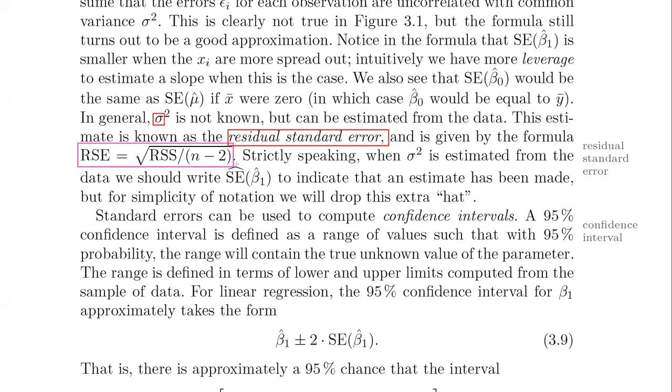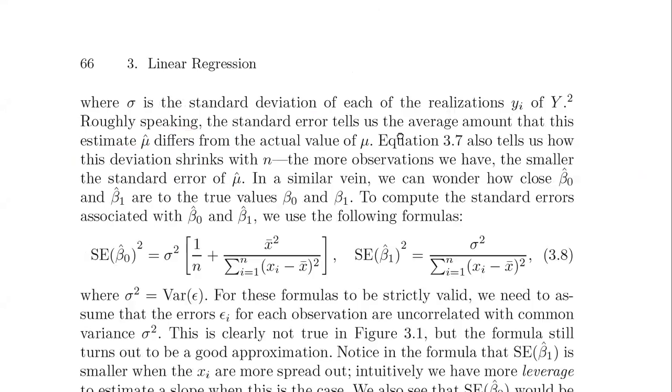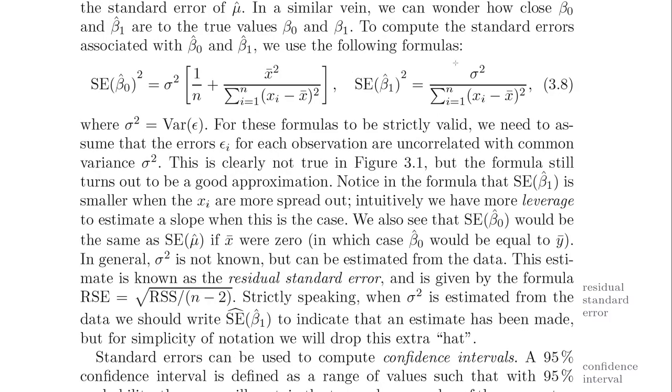So strictly speaking, you should have a hat, because this is an estimate. You don't know it. Same thing over here. This is an estimate. You don't know the true standard deviation of your error terms. And this is an estimate as a result.